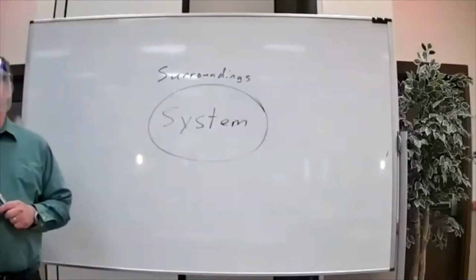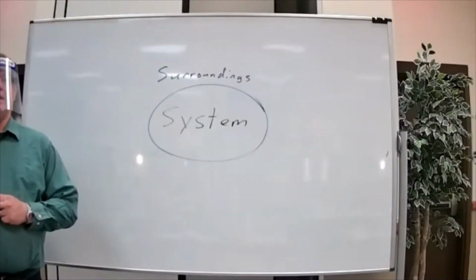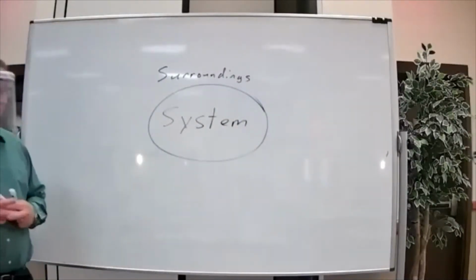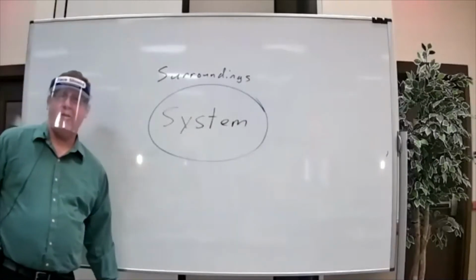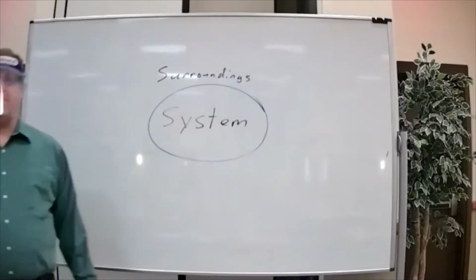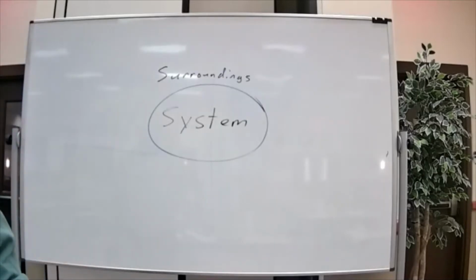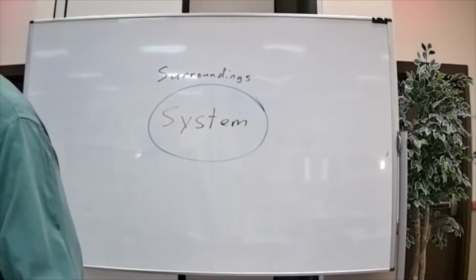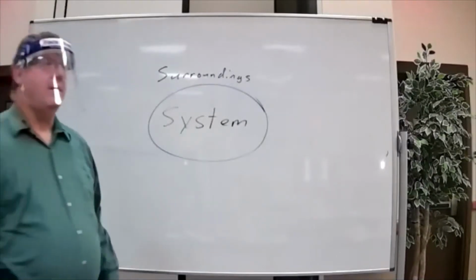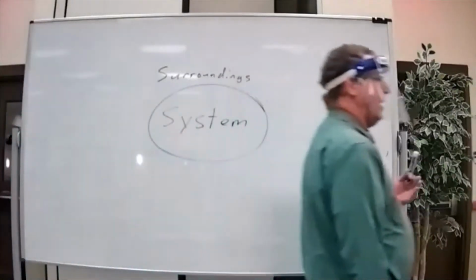That's the surroundings. If I take the system plus the surroundings, I get the universe. So it's not just the stuff that's immediately surrounding our system, it's everything else. Everything else.